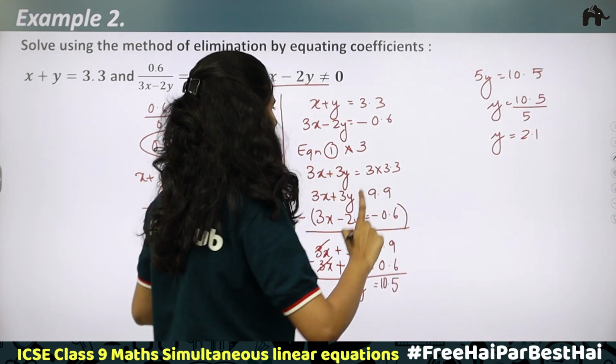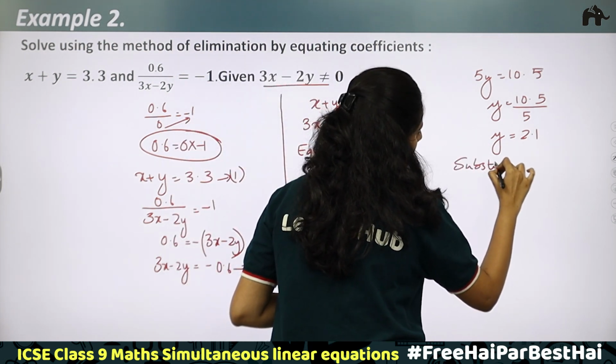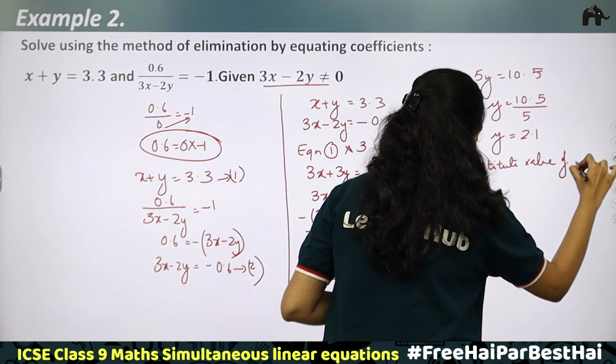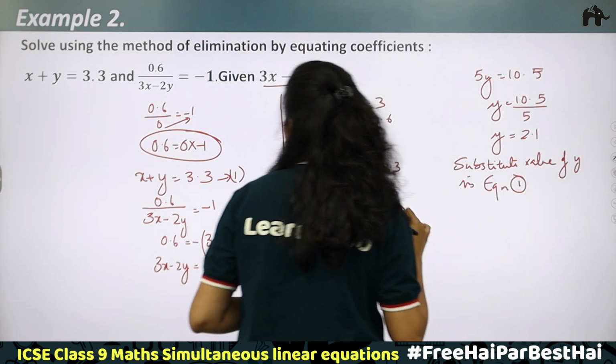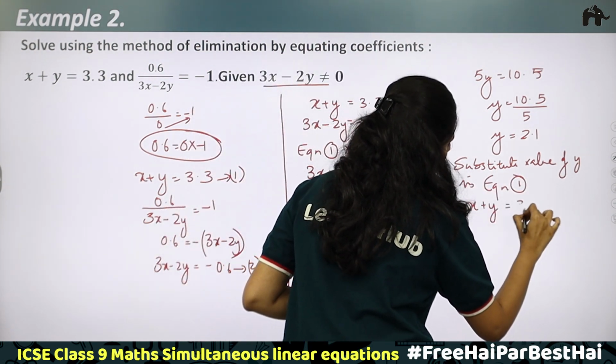Now we need to find x. So substitute the value of y in the first equation, equation 1. So what is equation 1? x plus y is equal to 3.3.